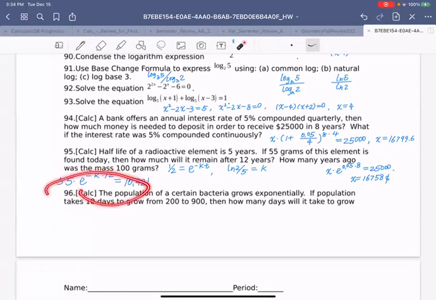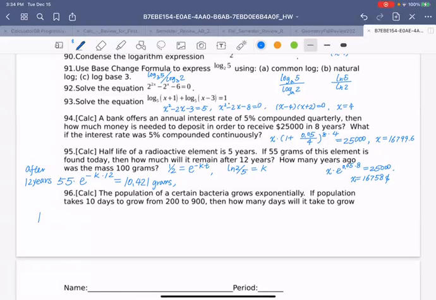Do you have the same answer for this one? After 12 years. Correct? Yes. Okay. Now, how many years ago was the mass 100 grams?